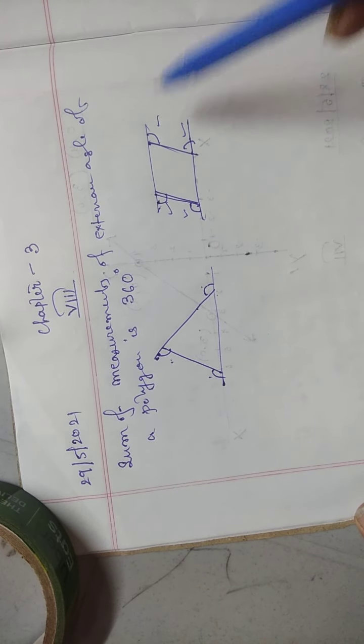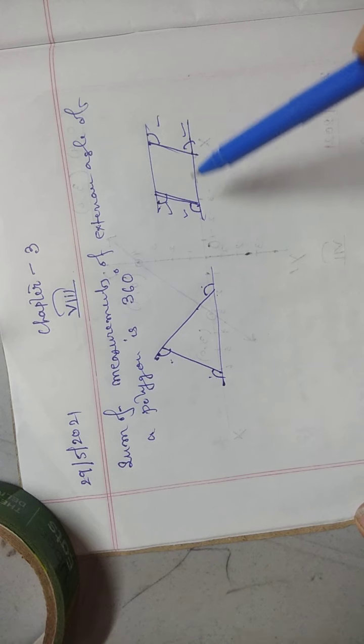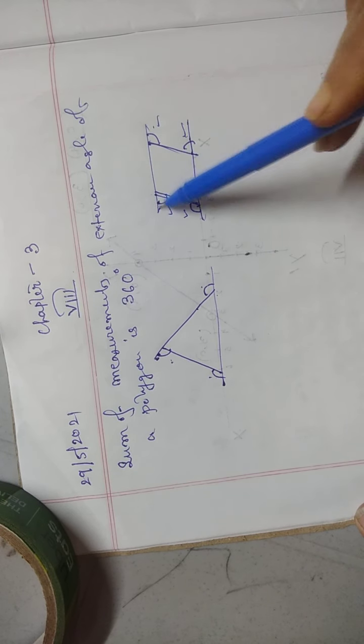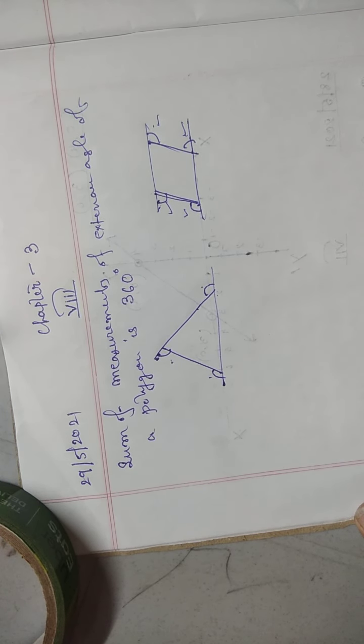So it is equal for all types of polygons, and if it is a regular polygon, that means all the sides are equal, then the measurement of each exterior angle will be equal.